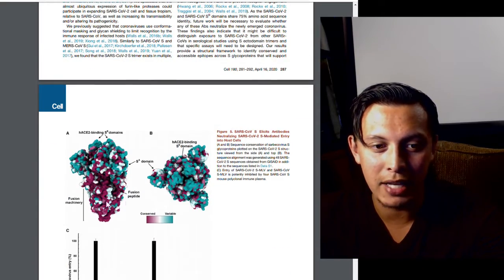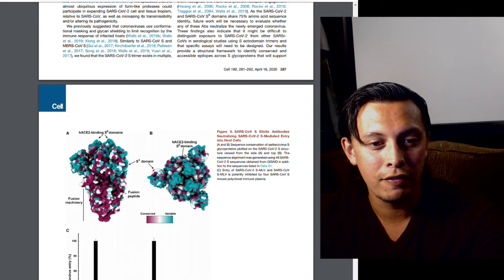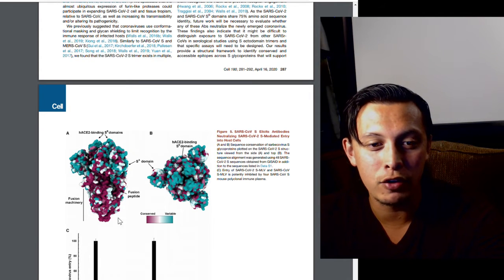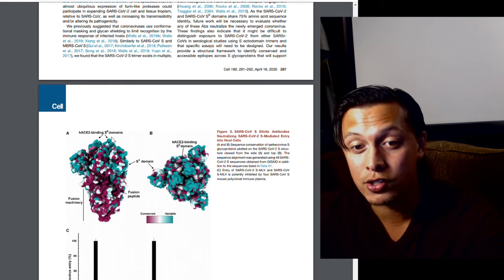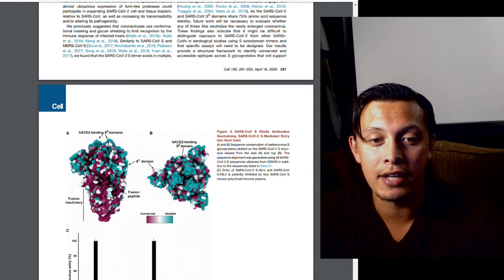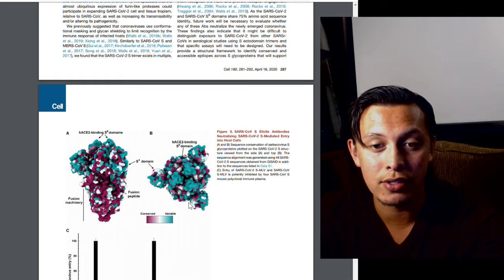And yeah, here they're just talking about the fusion peptide and how the fusion peptide area is quite a bit more conserved than the S-sup A domain and the S-sup B domain. As you can see, this is the top view.